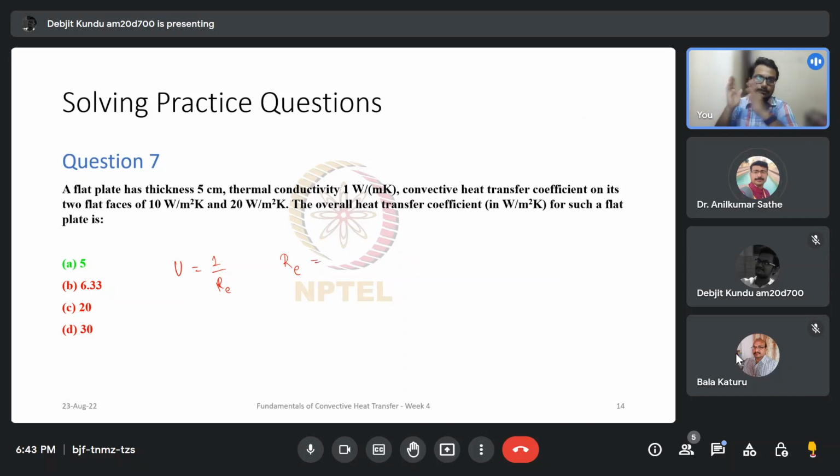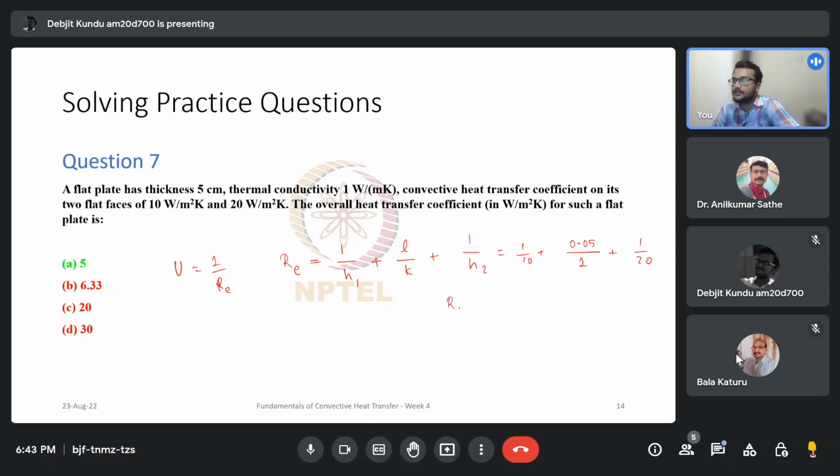We can take all those individual resistances in series, so it's 1 by H1 plus L by K plus 1 by H2. Putting in all these values, it's 1 by 10 plus L, which is 5 centimeters, so 0.05 divided by 1, plus 1 by 20.